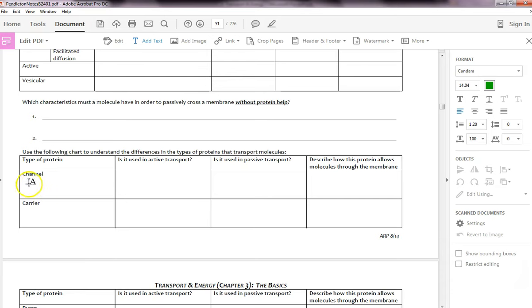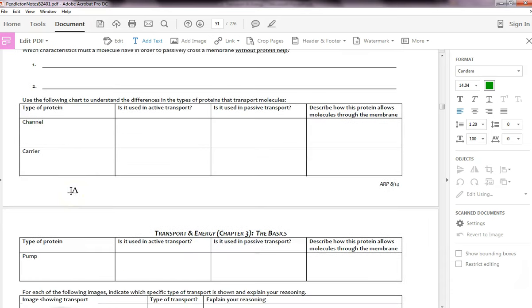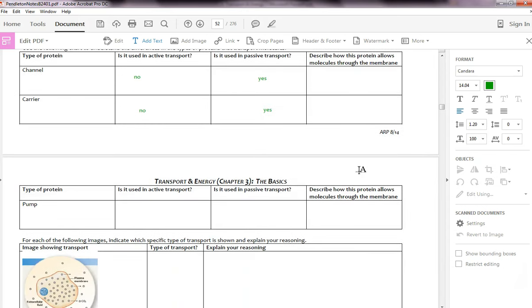Now, one thing we need to talk about are these channels and carriers. So channels are not used in active transport. Neither are carriers. But in passive transport, both are used. Okay, and you can relook at that video and put a description in your own words about how channels and carriers are different.